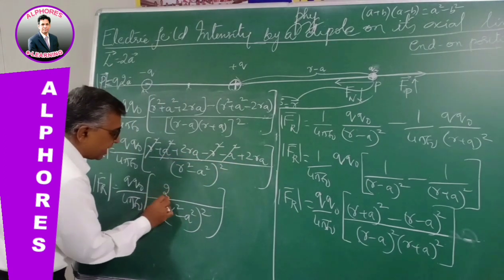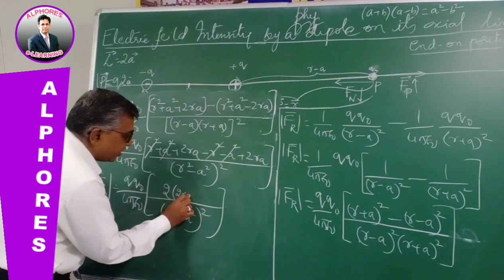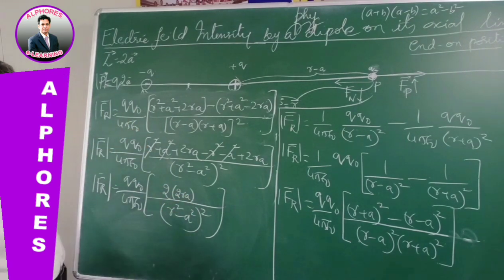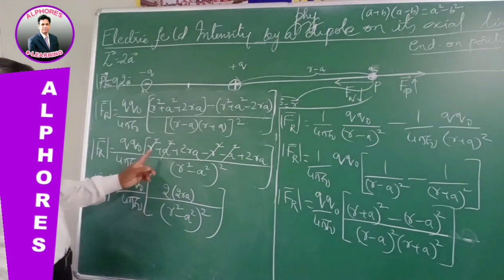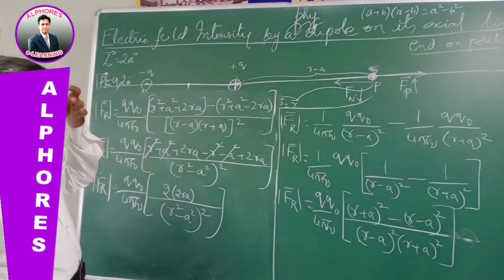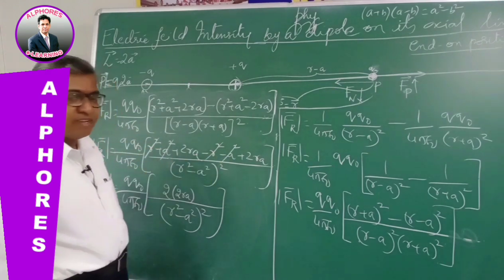It is 2 times 2ra. So therefore, plus r square minus r square get cancelled, plus a square minus a square get cancelled.